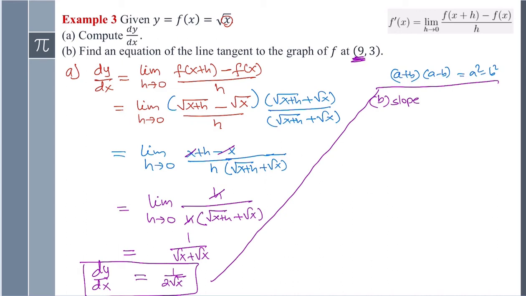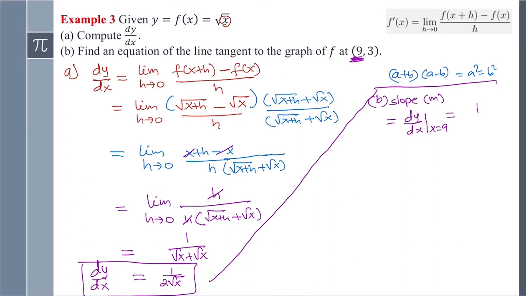The slope m is given by dy over dx at x equals 9, so we'll just take 9 and plug it in here. So 1 over 2 times the square root of 9, and that gives us 1 over, square root of 9 is 3, times 2 is 6. So the slope of the tangent line at x equals 9, or at that point 9 comma 3, is 1/6.